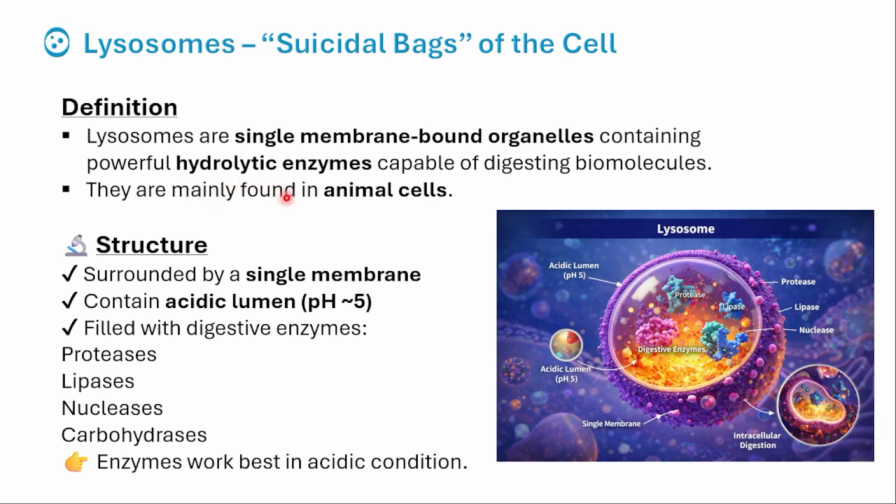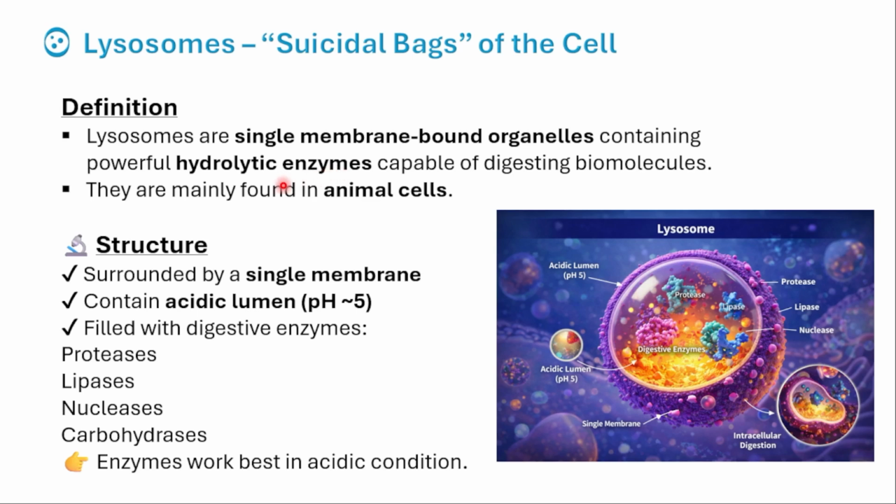Animal cell. If you see the structure of the lysosome, it is very simple actually. It's surrounded by a very simple single membrane and contains an acidic lumen. This is important, that is pH will be less than 5 approximately. Due to the acidic nature only, the hydrolytic enzymes are activated.